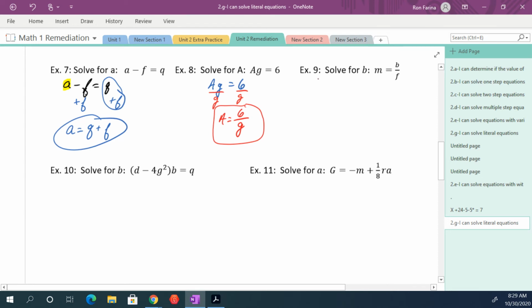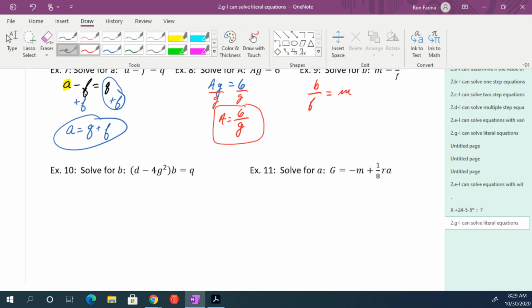Now, number 9 says solve for B. So a lot of times, if I cover up this side and look at that, I'm going to rewrite this problem as B over F equals M, right? And the reason I do that is sometimes it's easier to move things from the left to the right.